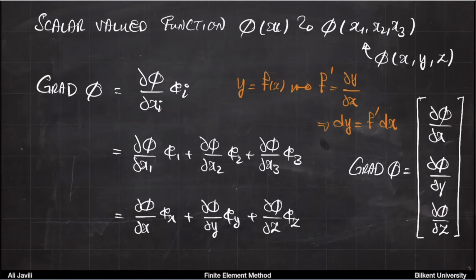Okay, so you have the same story here. If you have the derivative, you can always say the change of that scalar function, d phi, is that gradient operator, which is a vector now, by the way, dot product dx.